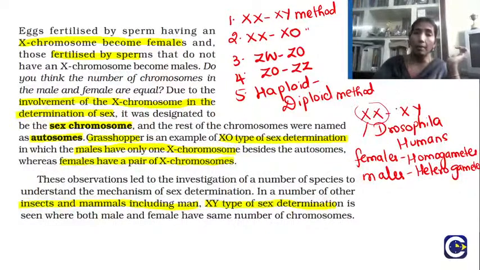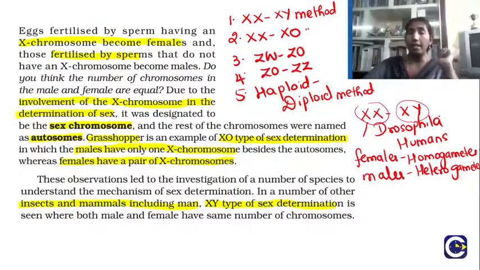But the total number of chromosomes in male and female is the same. The females are homogametic and the males are heterogametic. This point you need to know.